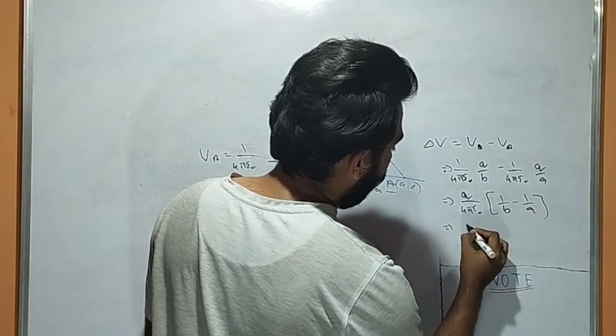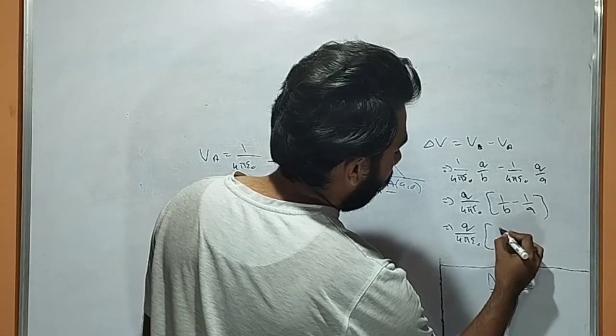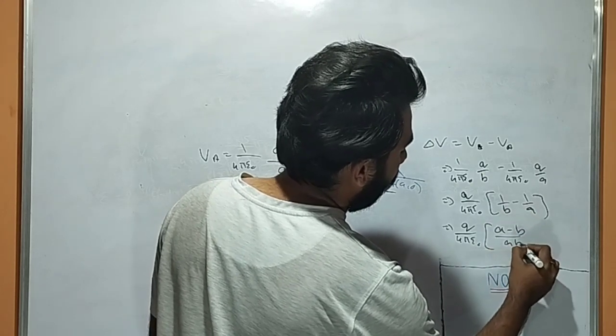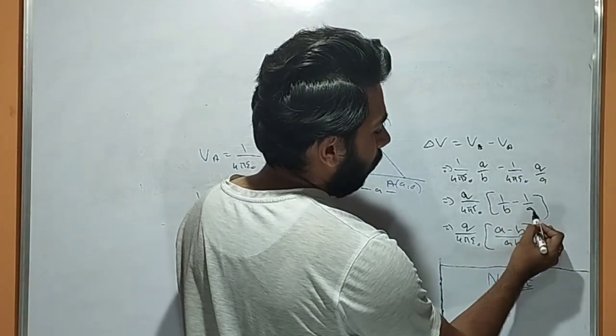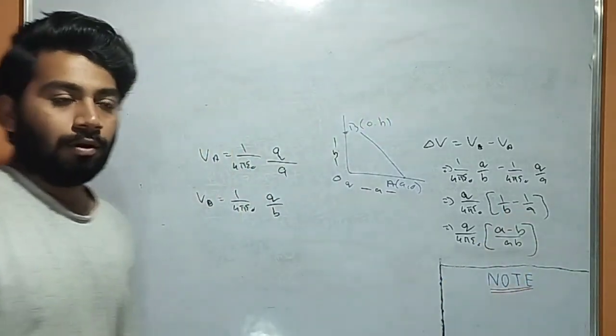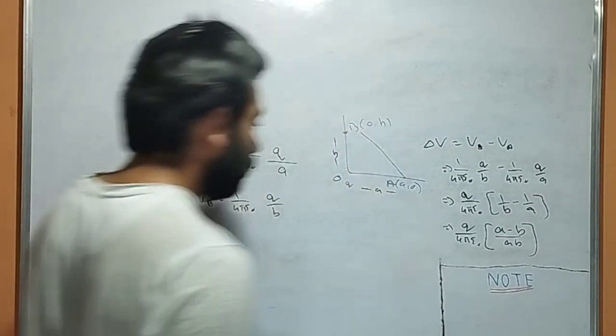Now multiplying this out gives (A minus B) divided by 4 pi epsilon naught A B. Very simple, just taking common A, B and cross multiplication. Very easily you can solve this. Your answer is this.